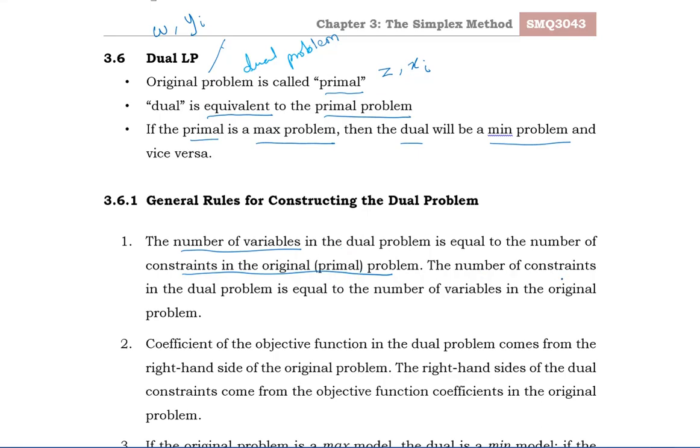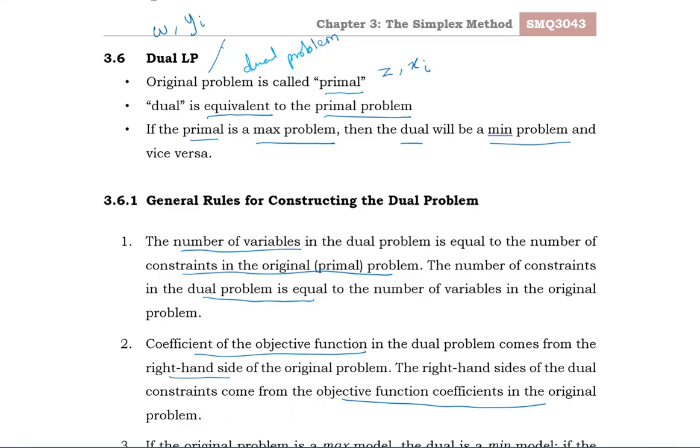The number of constraints in the dual is equal to the number of variables in the original problem. The coefficients of the objective function in the dual problem come from the right hand side of the original problem. The right hand side of the dual constraints come from the objective function coefficients in the original problem.